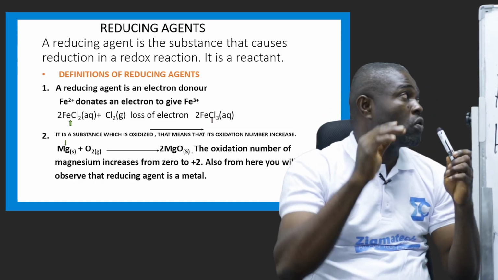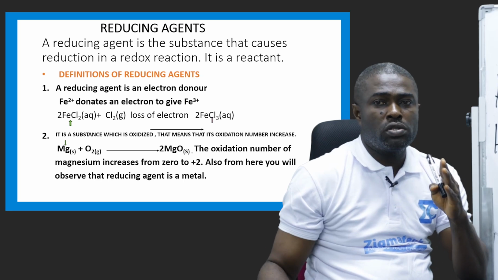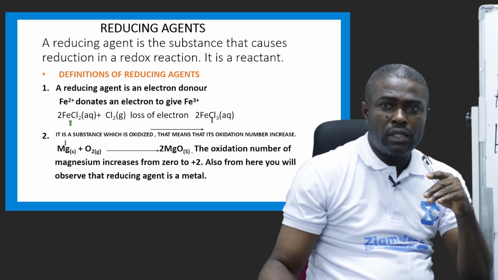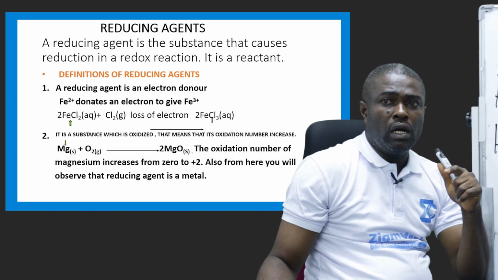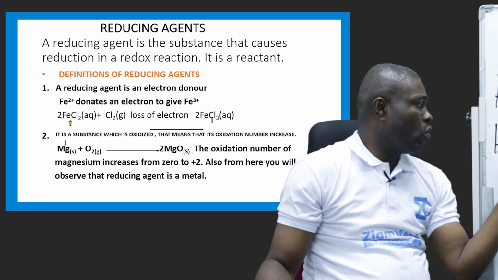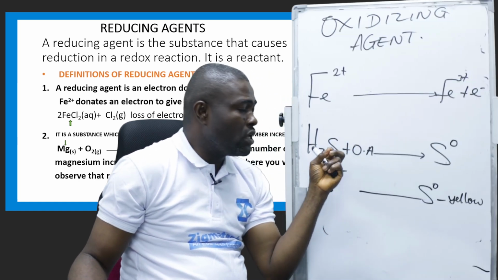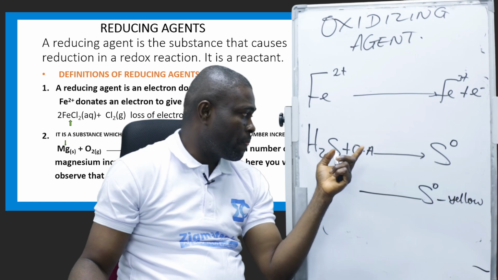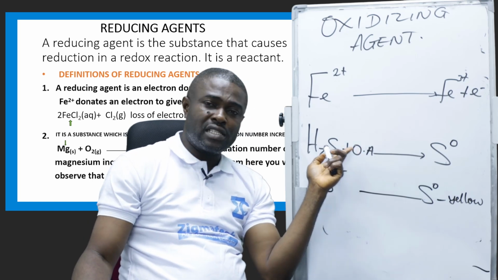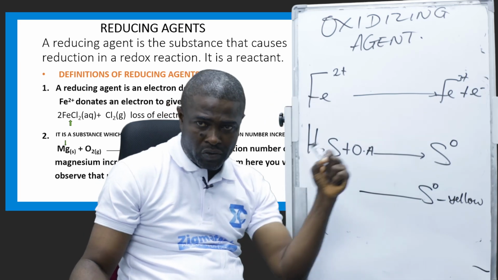So an oxidizing agent will cause iron 2 to move from green color towards reddish brown. That is what an oxidizing agent will do. An oxidizing agent also will cause hydrogen sulfide to deposit a yellow precipitate. If you introduce an oxidizing agent in hydrogen sulfide, there will be a yellow deposit of sulfur.